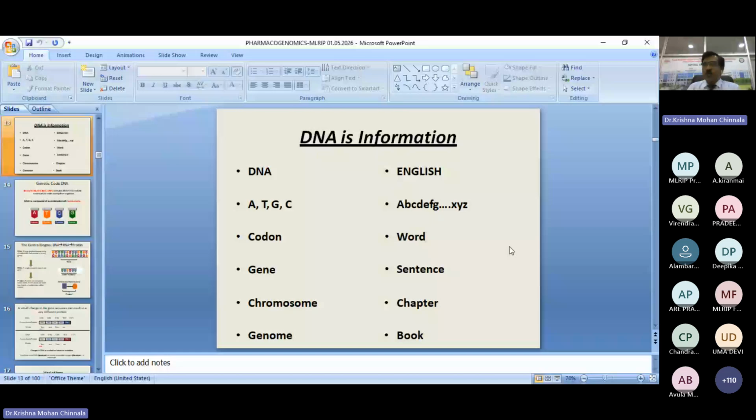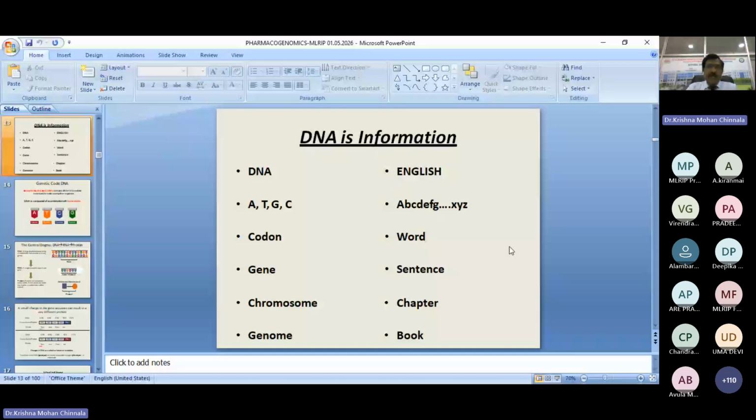Always we are talking about the genomic picture, meaning a book of your own genes. I'll read again. DNA is English, ATGC are your alphabets, codons are words, gene is a sentence, chromosome is a chapter, genome is a book.